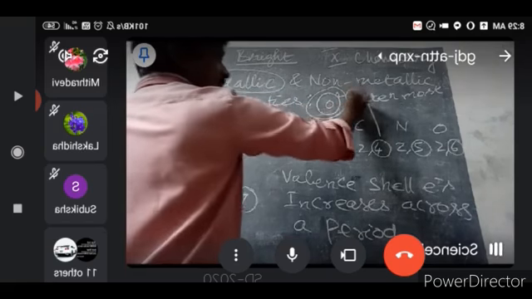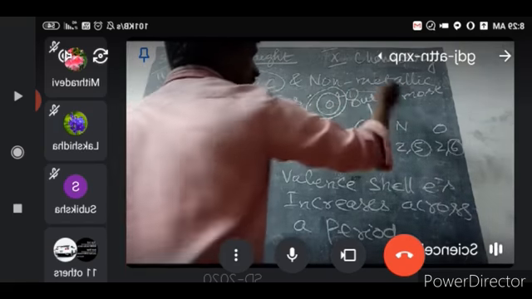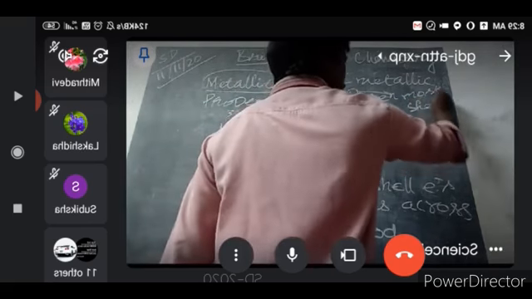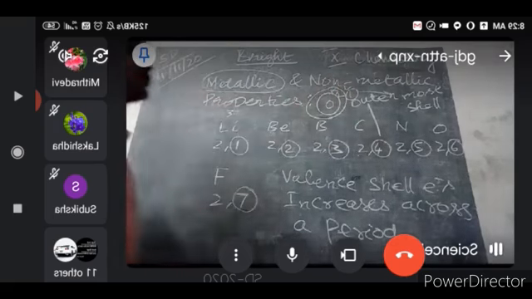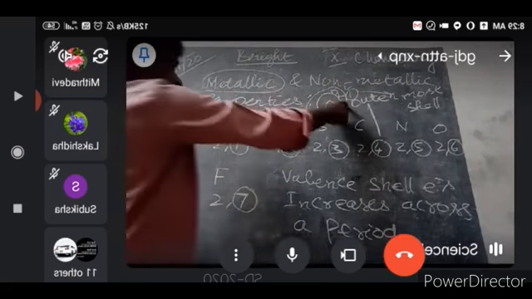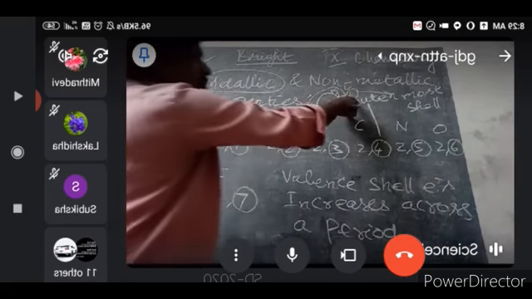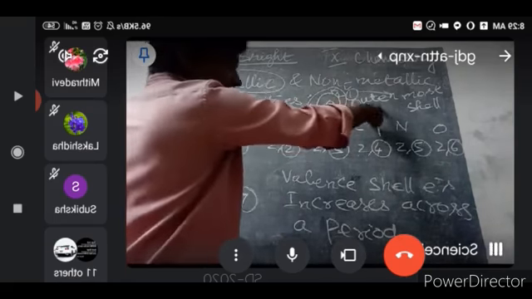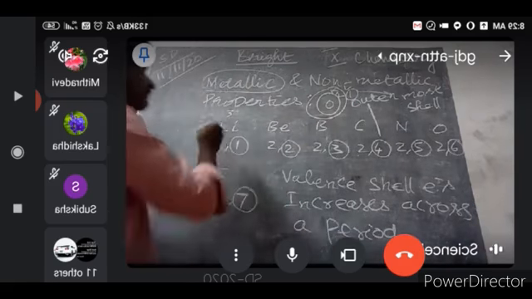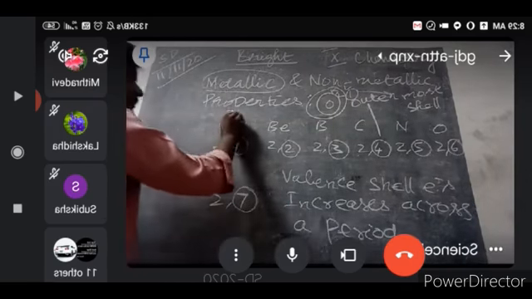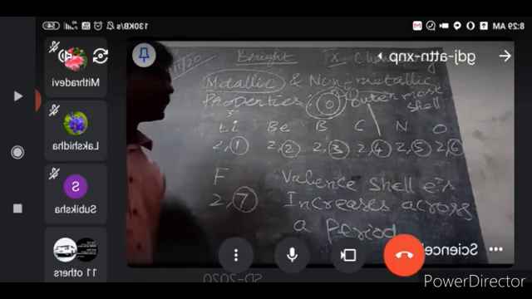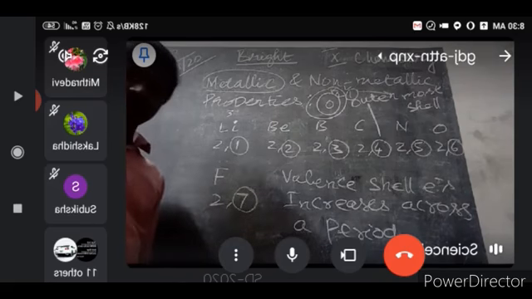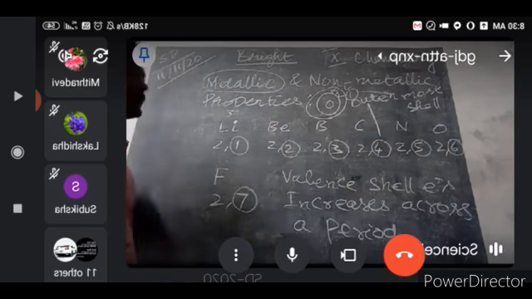So this is the outermost shell electron. K, L. L is the outermost electron shell for lithium, so it has only one electron and that is the valence electron of lithium. This is the basic thing. Even then I am saying it because you need some examples.